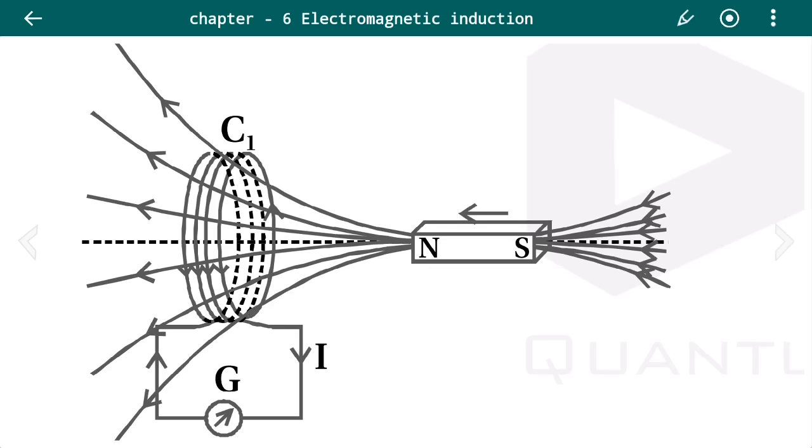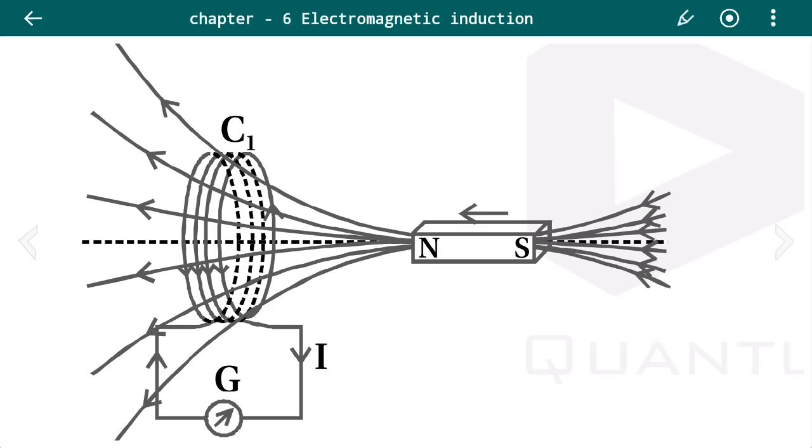So galvanometer shows deflection. That means what? What is the function of the galvanometer? The function of the galvanometer is to detect the current. That means when we are changing the position of this bar magnet, either taking it towards the coil or away from the coil, then due to this change in the position of the magnet, the galvanometer shows deflection.